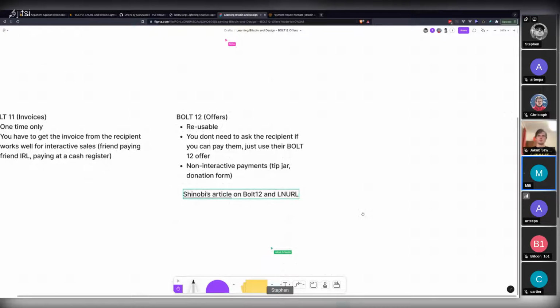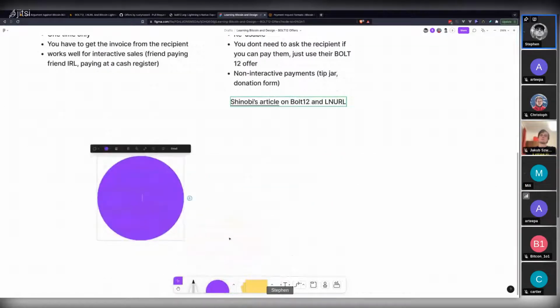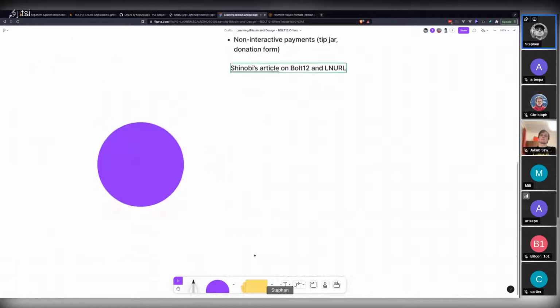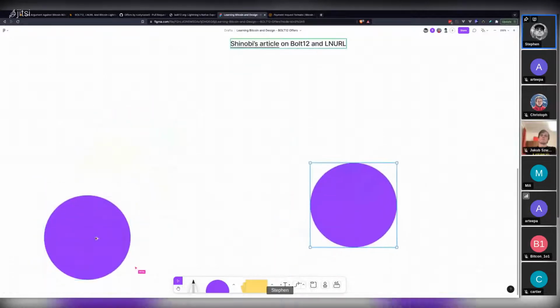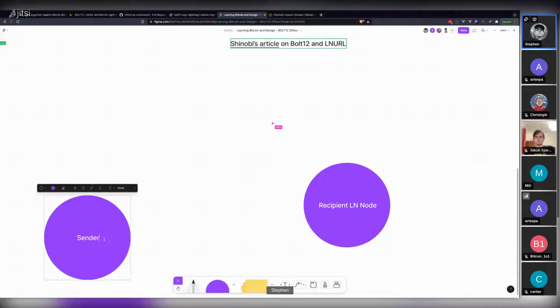All right. Got it. In fact, I might draw that out just to make it real clear and make sure everyone's following. So we would have the recipient, the LN node, and then the sender's wallet.